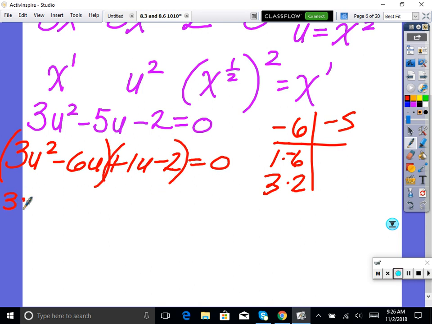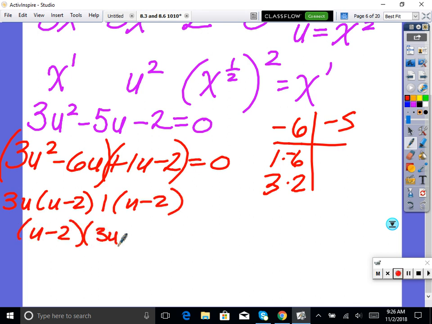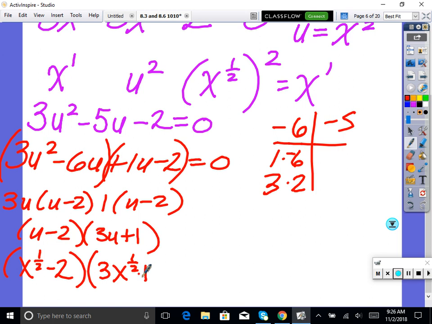So I pull out a 3u, left is u minus 2. I pull out a 1, left is u minus 2. I pull out a u minus 2, and left is 3u plus 1. Do you agree? But what's u? Square root of x, right? Or x to the 1/2, everyone? So we have x to the 1/2 minus 2 times 3x to the 1/2 plus 1.